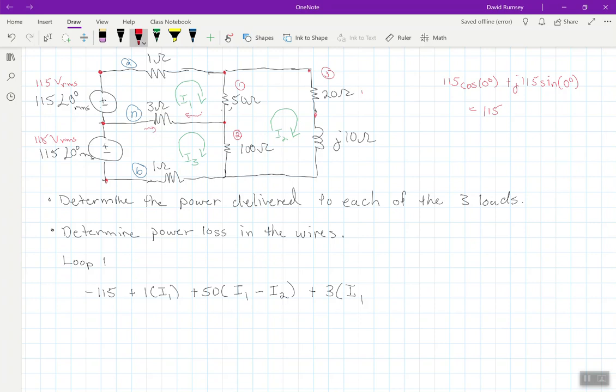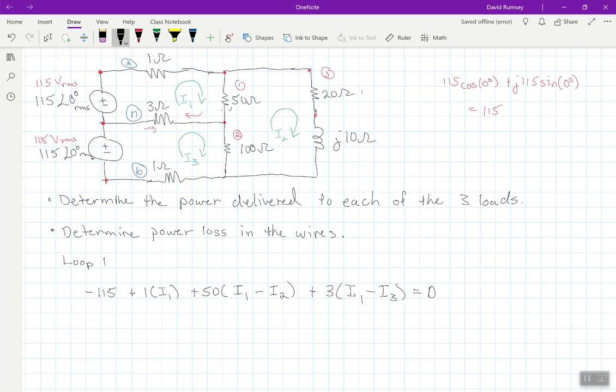That's why we get I1 minus I3. This is all stuff we learned back in Circuits 1, but it's good to remind ourselves why we get particular values. And then this is equal to 0.